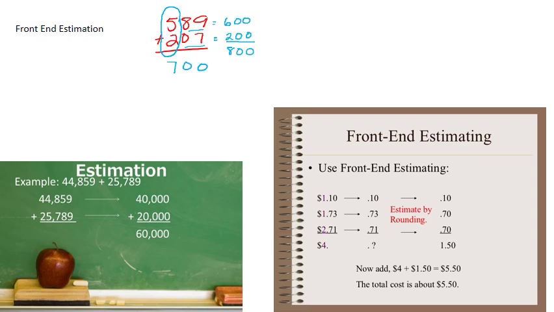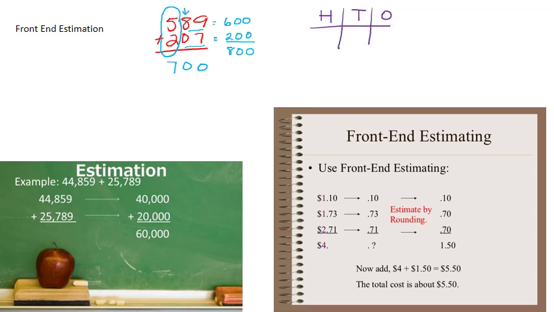So front-end rounding can be a good strategy, but if you've got numbers that would indicate that you should round up, it isn't going to be very accurate. However, there are some strategies that you can use to make it a little bit more accurate. One other thing with front-end estimation, you have to remember place value. You've got hundreds, you've got tens, you've got ones, right?